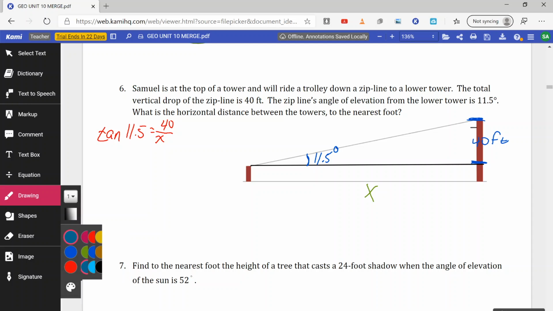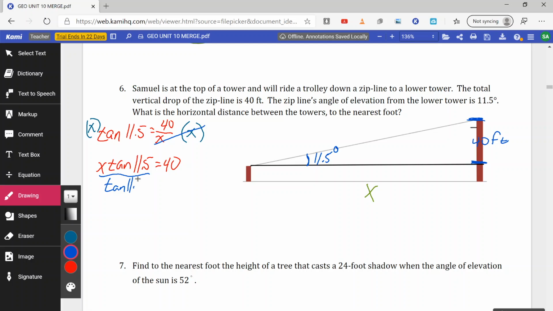So what we have to do is solve for X. Now again, we have a fraction, which means to get rid of it, we multiply by the denominator, X, on both sides. So this will cancel out, and it leaves us with X times the tangent of 11.5 equals 40. The last thing I need to do to get X by itself is divide by the tangent of 11.5 on both sides.